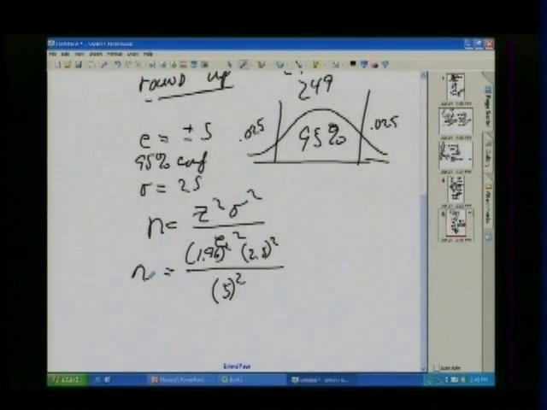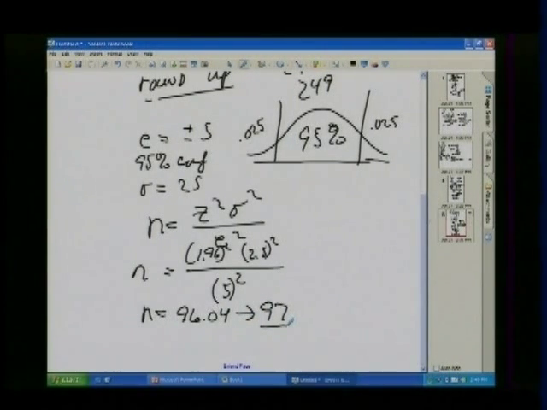Let's go back to the page in the chapter. We've got 1.96 squared times 25 squared over 5 squared. If we multiply those numbers out, we get 96.04. That's my value for n. Now what I want you to do is round that number up, remember, to 97.